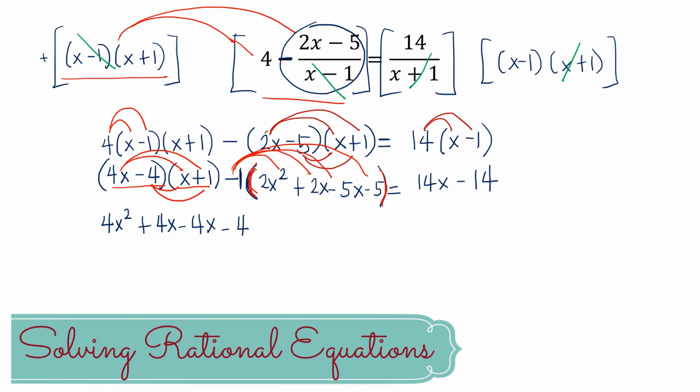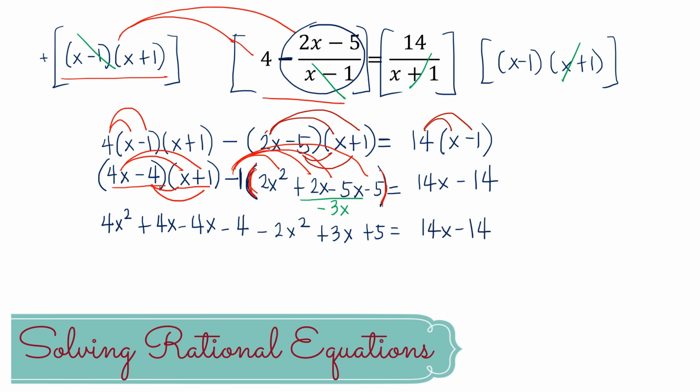So, before distributing negative 1 to all those terms inside, let us simplify it first. Let's combine like terms. So, which are like terms? We have 2x minus 5x. It's negative 3x. That's it. So, negative 1 times 2x squared is negative 2x squared. And then negative 1 times negative 3x is positive 3x. And then negative 1 times negative 5 is positive 5.